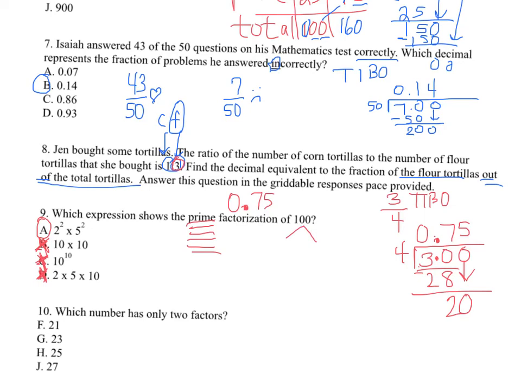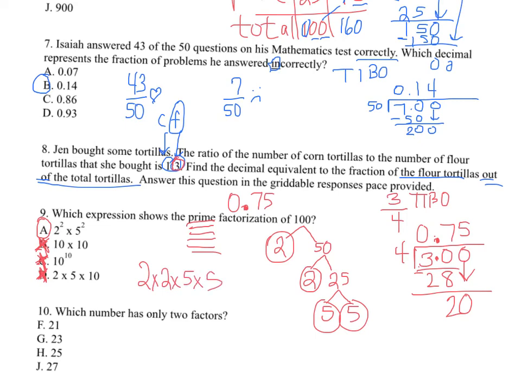Let's go ahead and do a factor tree for 100. 2 times 50. 2 is prime. 50 is composite. And then 2 times 25. 2 is prime. 25 is composite. And that's 5 times 5. And that's prime. So 2 times 2 times 5 times 5, which is 2 squared times 5 squared.